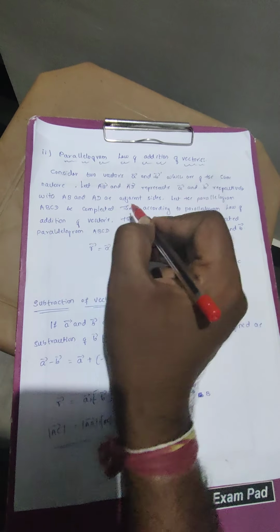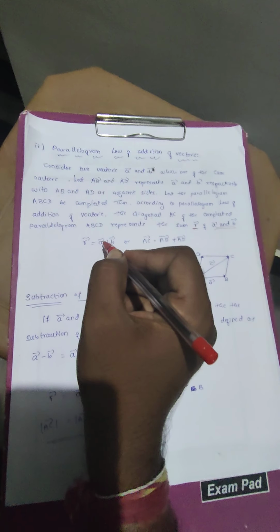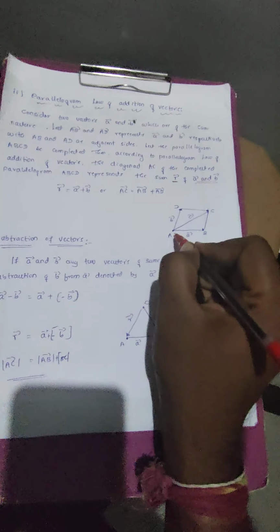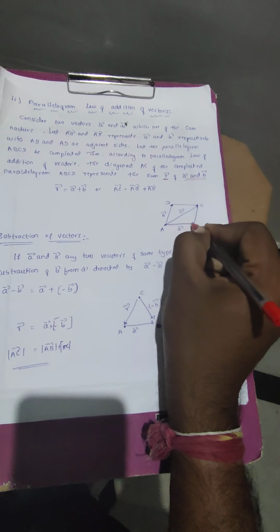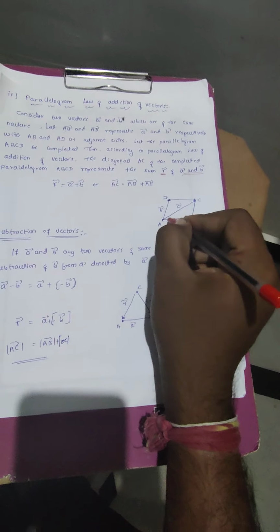Then according to the parallelogram law of addition of vectors, the diagonal AC of the completed parallelogram ABCD represents the sum of vectors A and B, denoted by vector R. Here vector A and vector B are two vectors, and AB and AD are adjacent sides.